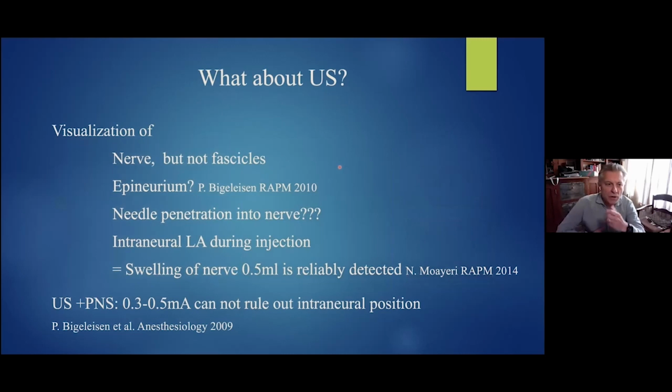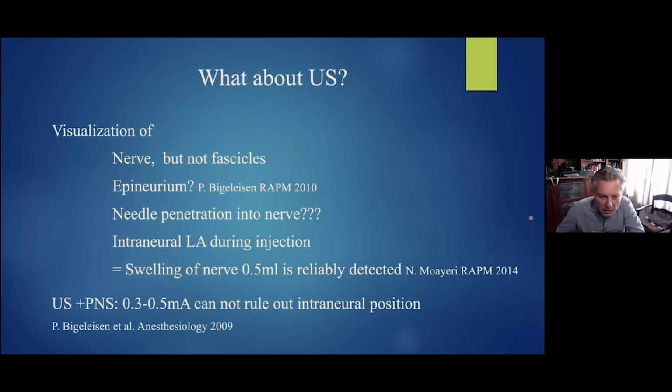What about ultrasound? With ultrasound, we can visualize the nerve, but we don't see the fascicles. It is difficult to see the epineurium. Needle penetration is not always visible, and in a lot of cases, even not at all visible. What about intraneural injection of local anesthetics?